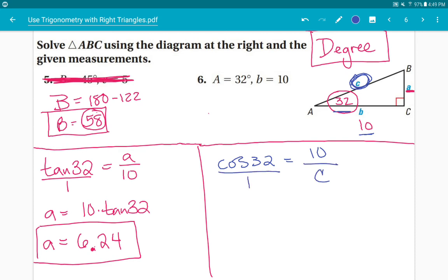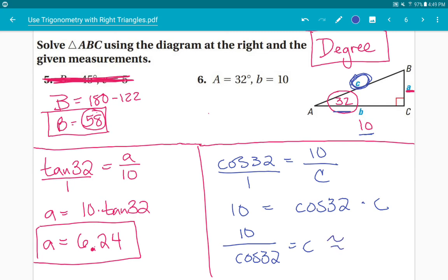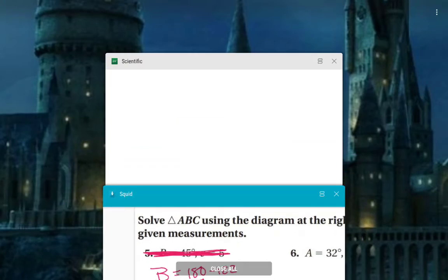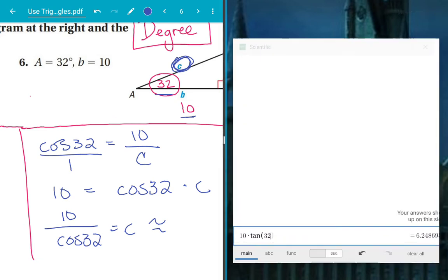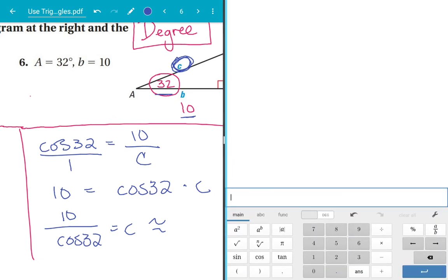Again, it's a proportion, so we're going to go ahead and solve that. Cross multiply, 10 is equal to cosine of 32 times C. But I want to solve for C alone, so it's going to be 10 divided by the cosine of 32 is equal to C. Now again, we take our calculators and we see what that gives us. So let's clear this out.